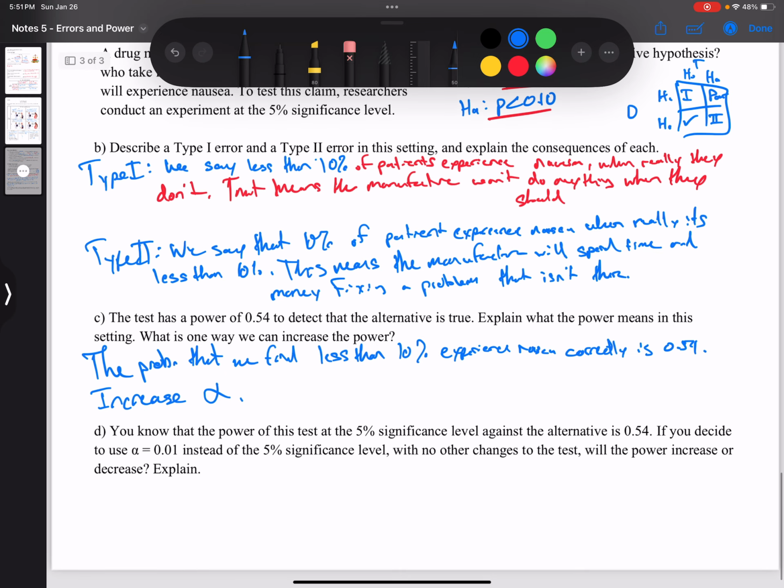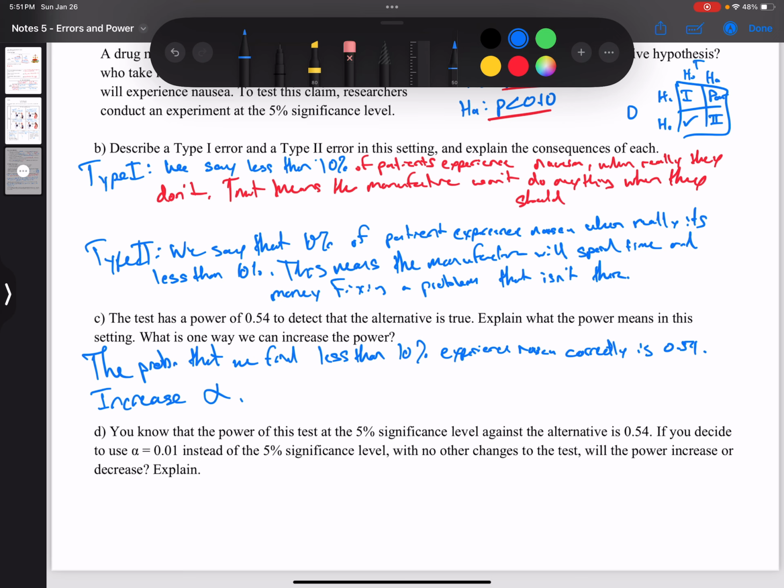Last up, it says you know that the power of this test at the 5% significance level against the alternative is 0.54. If you decide to use an alpha of 0.01, which means we're lowering the significance level instead of the 5%, with no other changes to the test, will the power increase or decrease?